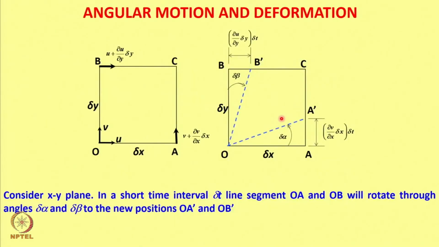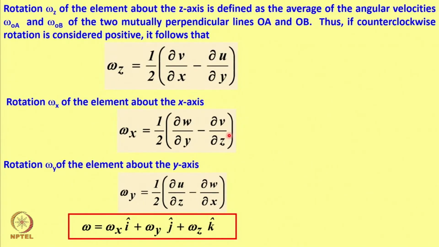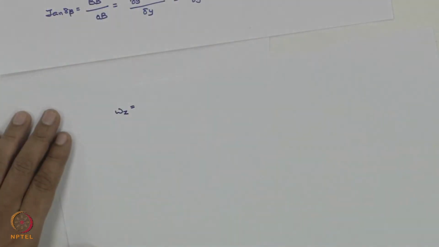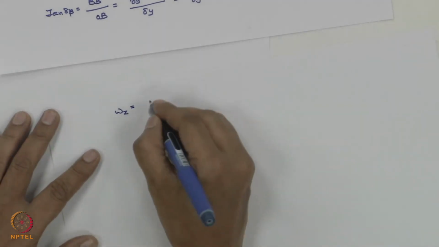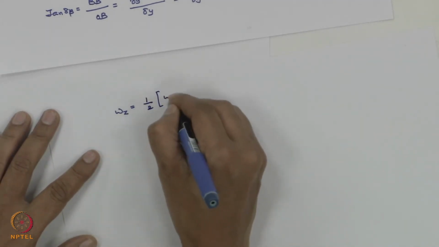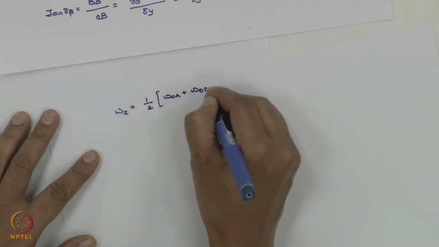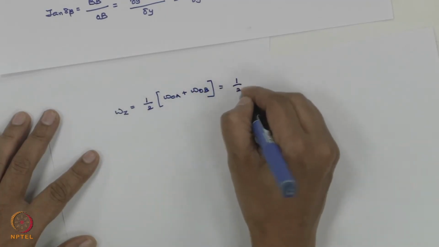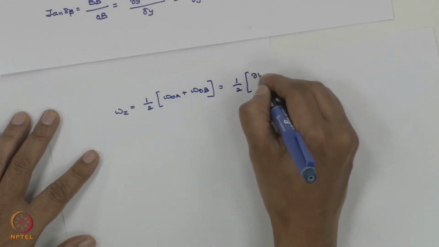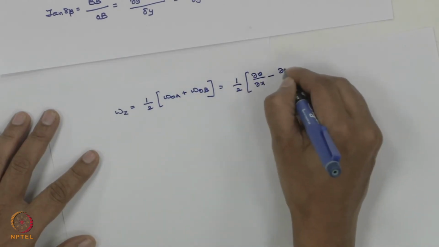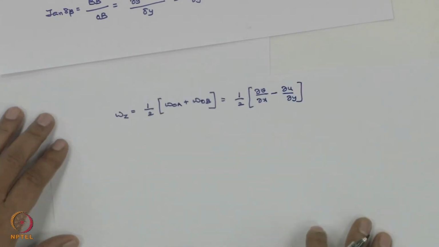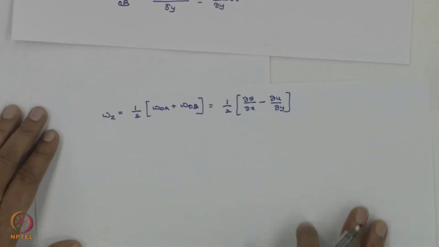So ω_OA would be positive, ω_OB would be negative. So ω_z is equal to half of ω_OA plus ω_OB, so half of ∂v/∂x minus ∂u/∂y.